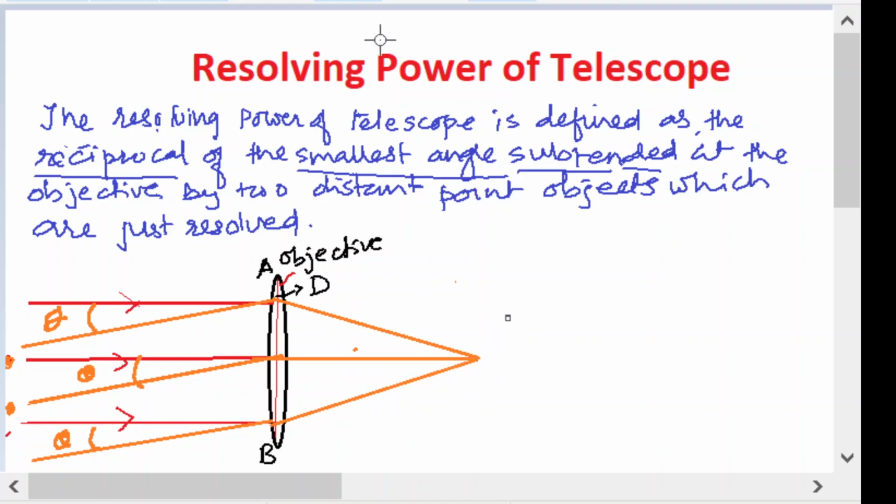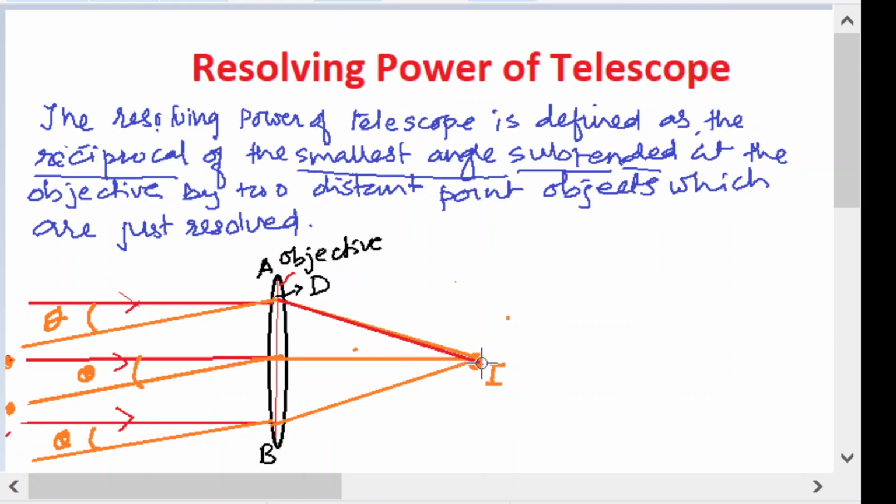So we obtain a point over here, and that point we show as the first image, let us consider I. These rays should be red in color, so I'm again taking red color.